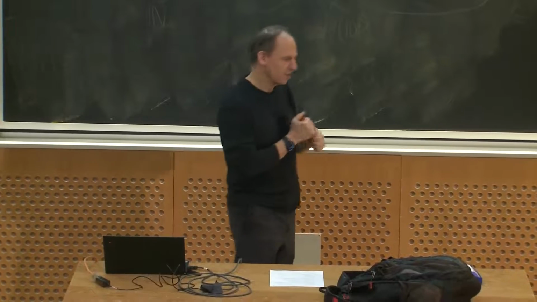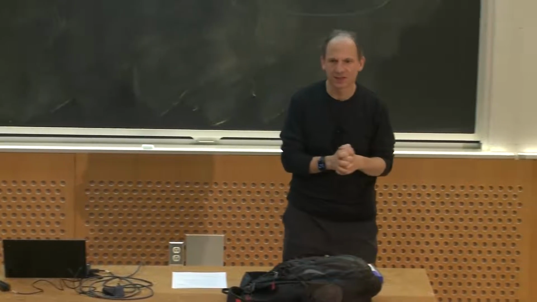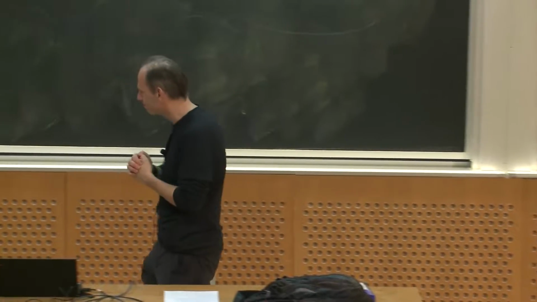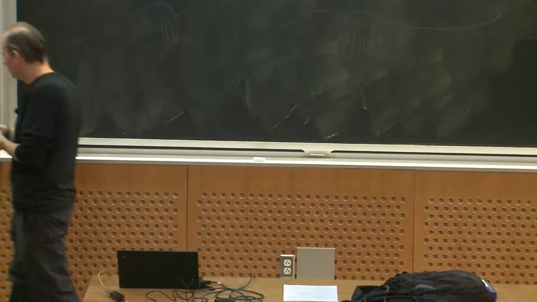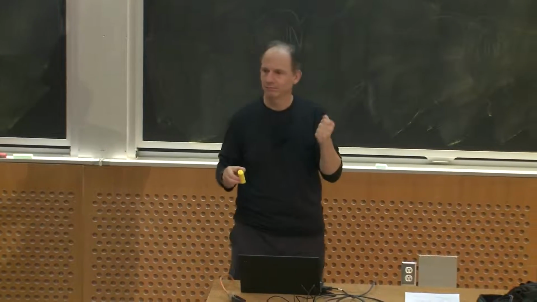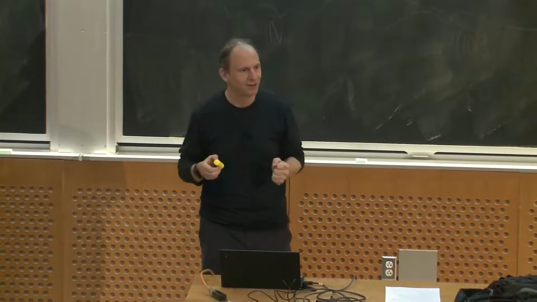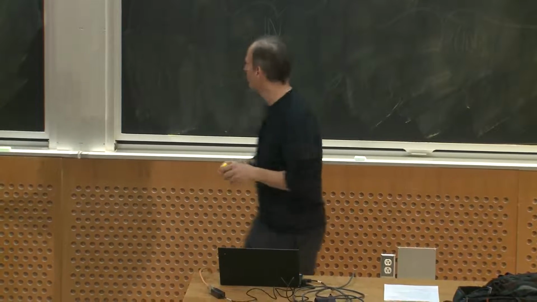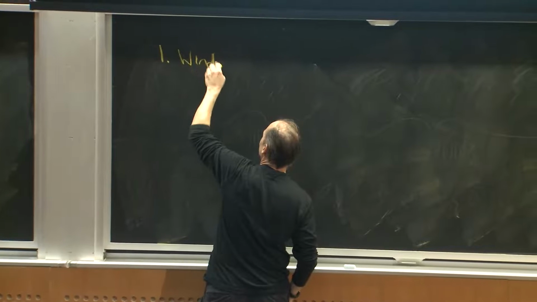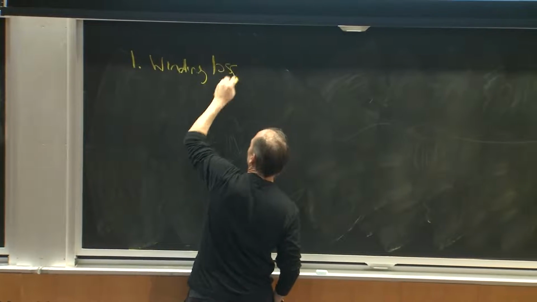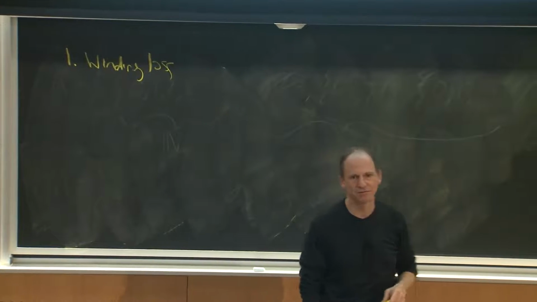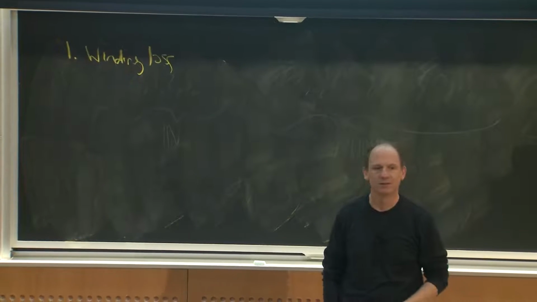Okay, so thinking about what the loss mechanisms are and what to watch out for is what we want to pay attention to. Now, if I have a typical magnetic component, what do I have? I have a winding and a core, usually. So the two subsets of losses I have to worry about are, one, the winding loss, and sometimes this is called copper loss because most windings are made of copper.